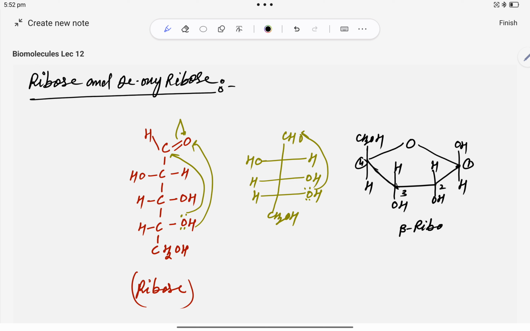Experimentally it is found that in the nucleic acid beta ribose is used. For deoxyribose, that is also very simple. What you have to do, children, is remove oxygen from carbon number 2. From C2 remove oxygen, then you will get deoxyribose.